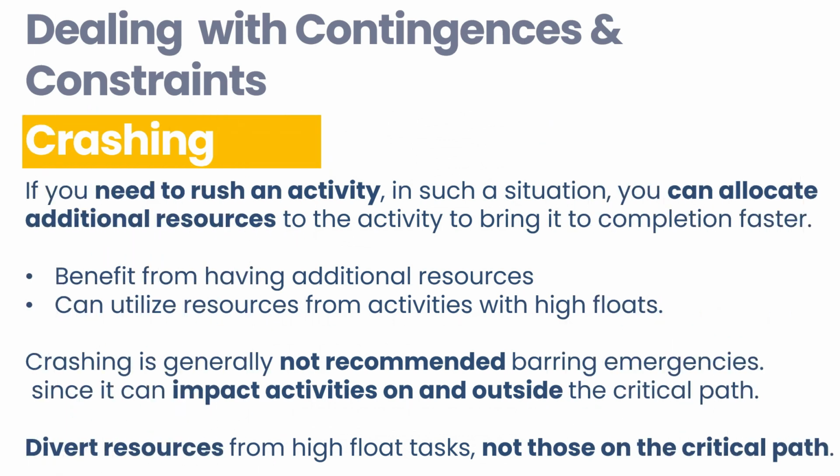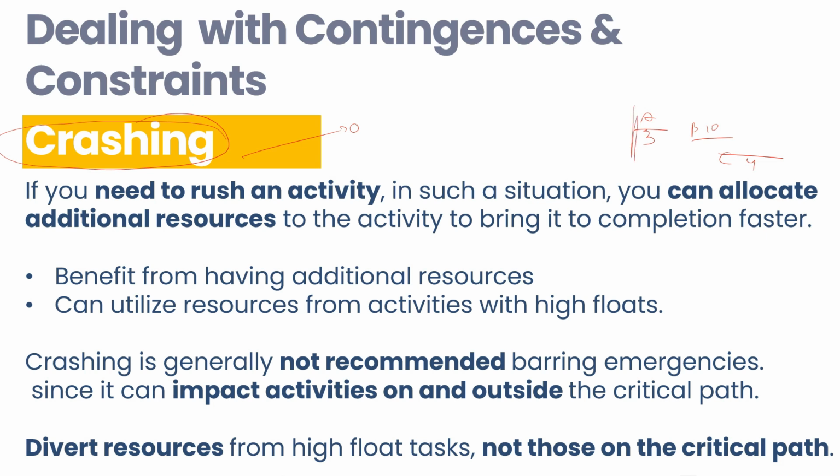For dealing with contingency, there's another technique called crashing. Crashing is basically, if you need to rush an activity, you remove some resources from one activity. Let's say there were 10 engineers who were supposed to work on activities A, B, C, with 3 resources and 4 resources.